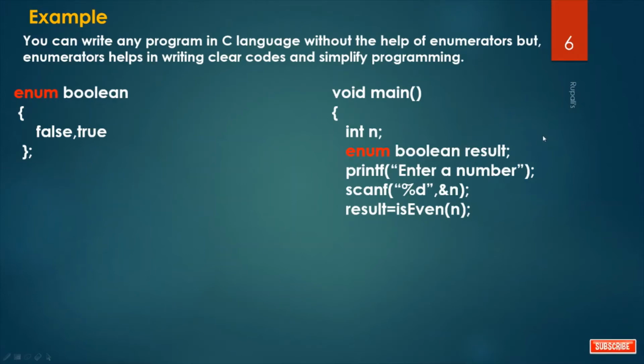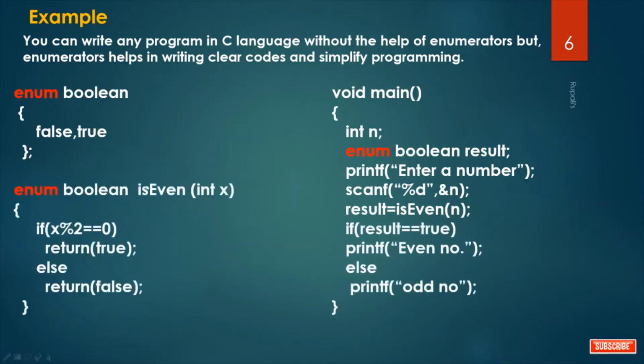Okay. Now the purpose of this program is I want to check whether a given number is even or odd. So take the number from the user by printf and scanf statement. So n is that given number. Now I have to check whether n is even or odd. So I call one function isEven and send n as the argument.